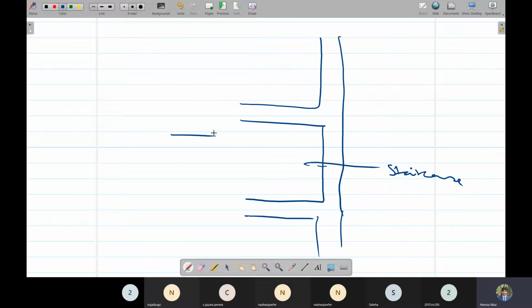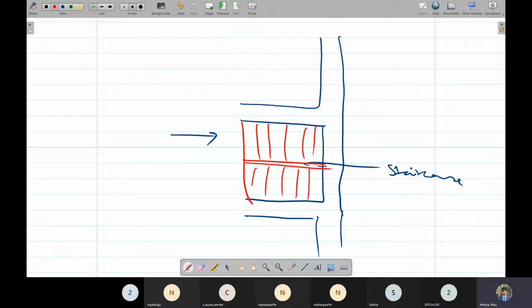We have to go up from this direction. The stairs are like this, and from here like this, top. So if there is slab on top of this portion, we cannot go to the first floor.